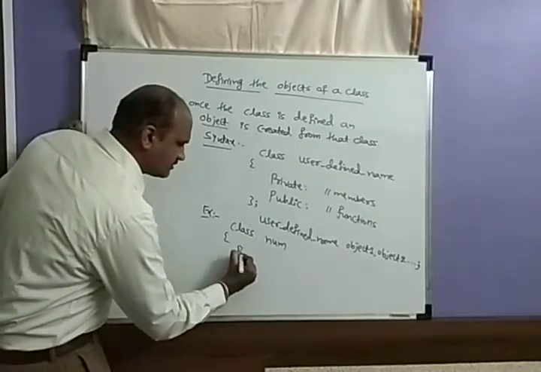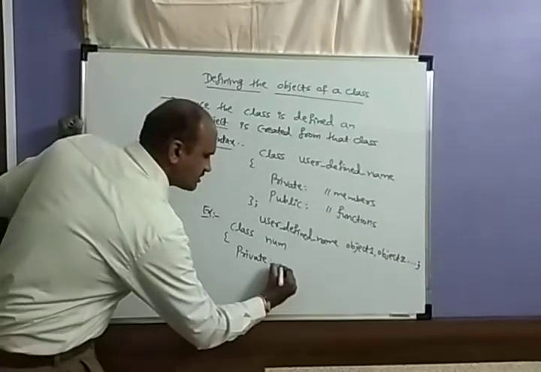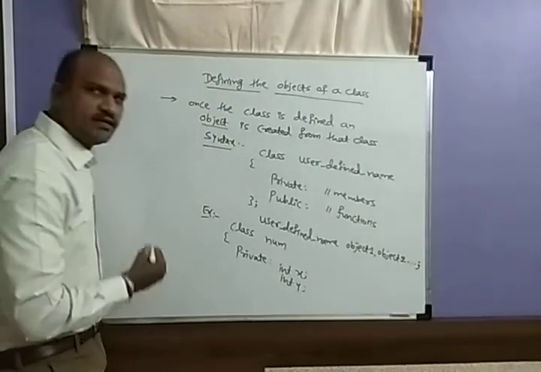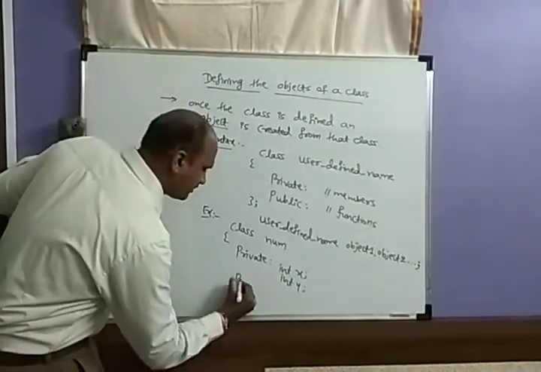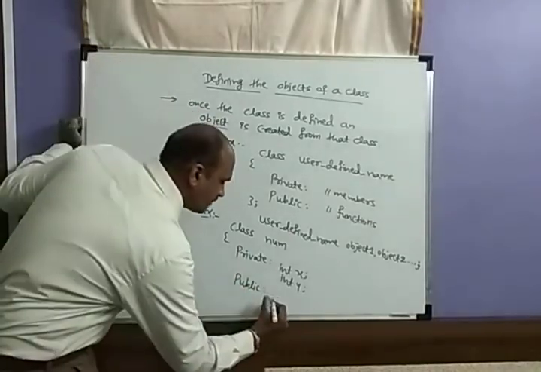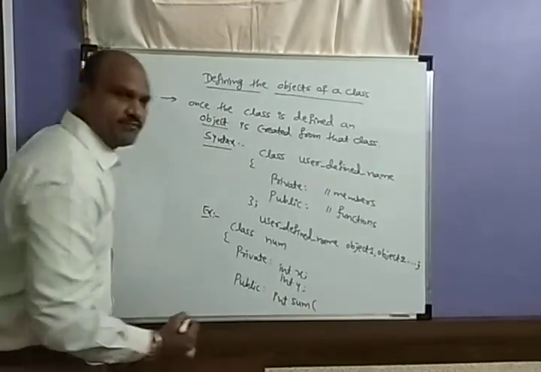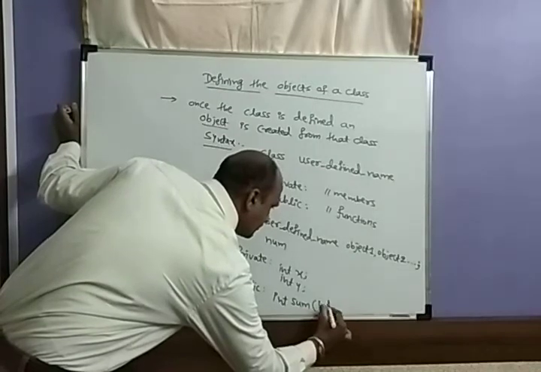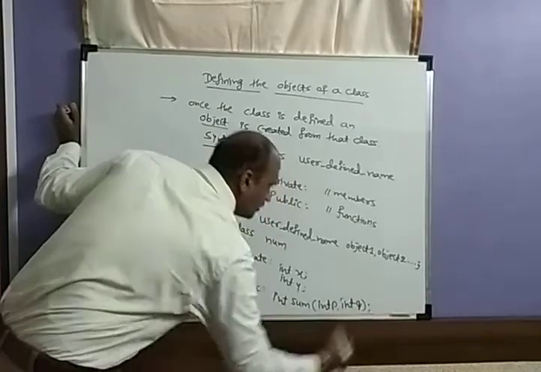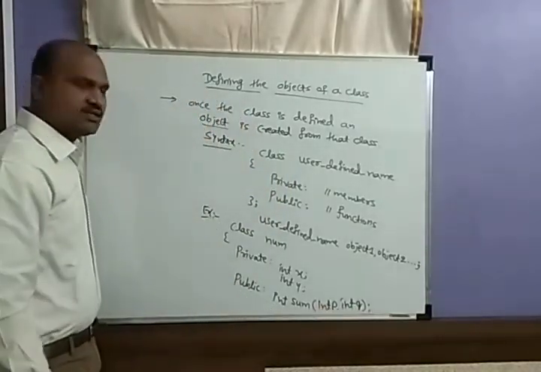Then we define the private section, the members, that is some member functions and member data. Then in the public section we define some functions. So int sum, int p comma int q, two arguments with the integer data type.